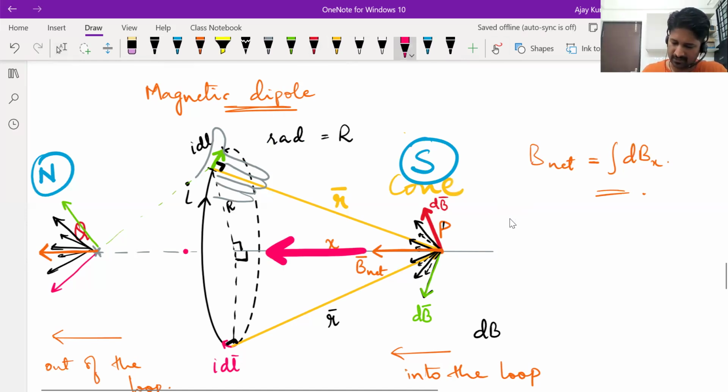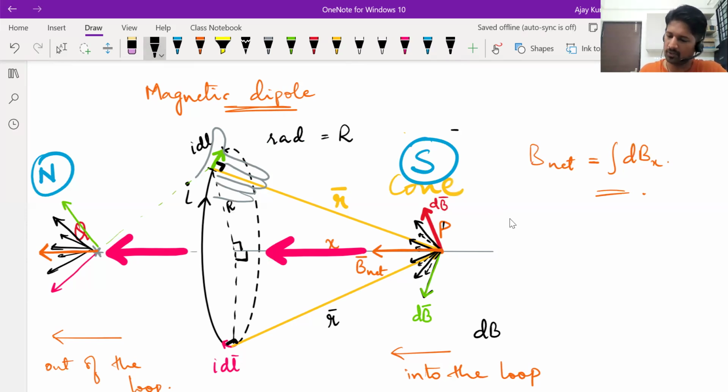Magnetic field is directed this way. So that becomes the direction of dipole moment for a magnetic dipole. Inside the magnet, whatever is the direction of the field, that is the direction of its magnetic moment. So effectively it becomes from south pole to the north pole.